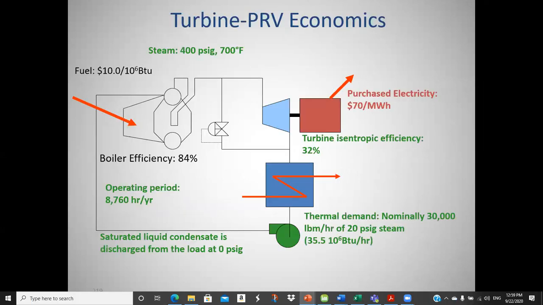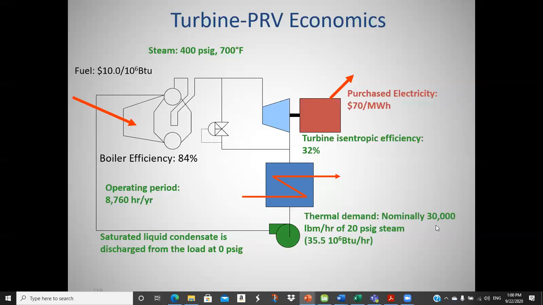Okay, so these are our options, and we've still got $10 per million BTU fuel, boiler efficiency 84%. We're going to do it for the whole year, and so we've got two paths. One, we can go through the pressure reducing valve, or two, we can go through the back pressure turbine. Purchased electrical price is 7 cents a kilowatt hour, 32% isentropic efficiency.